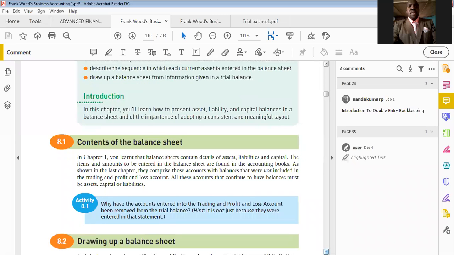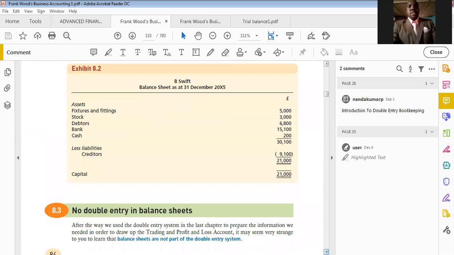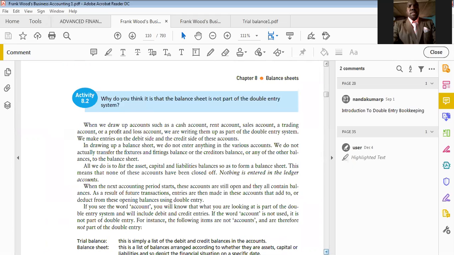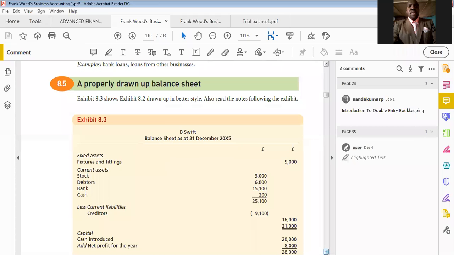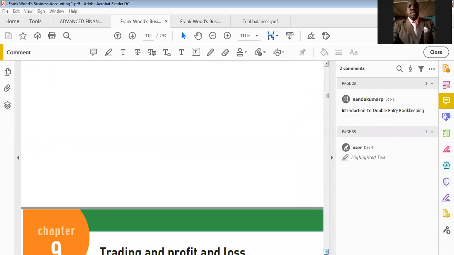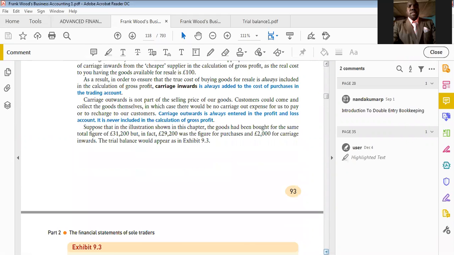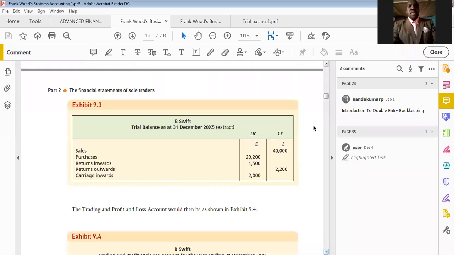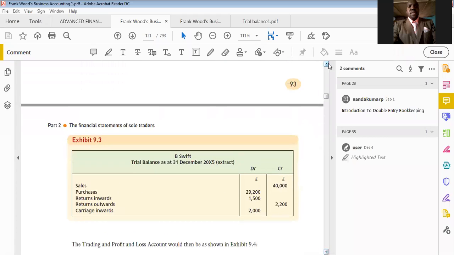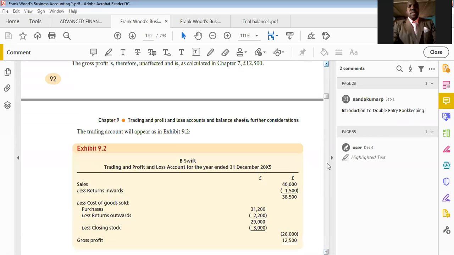I moved away from, I was looking at this chapter, let me make sure. This one I was looking at a while ago is not the one I should look at this time.